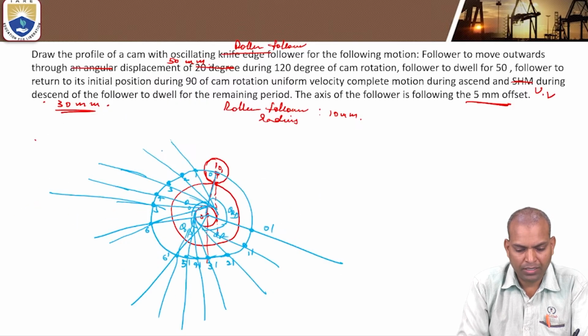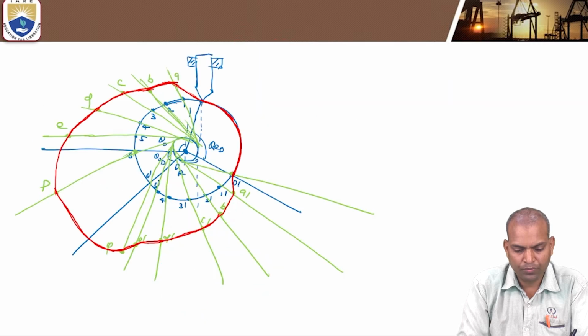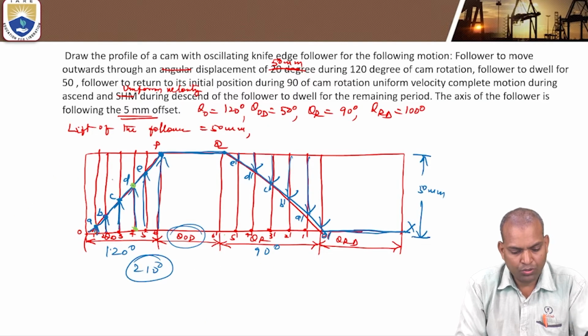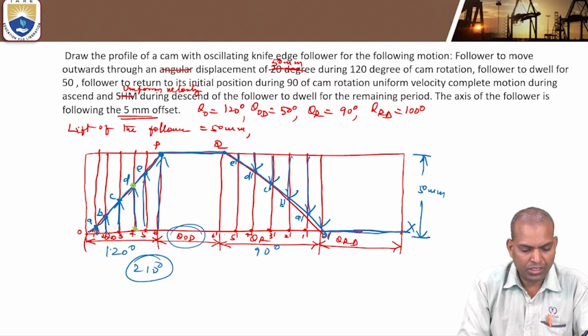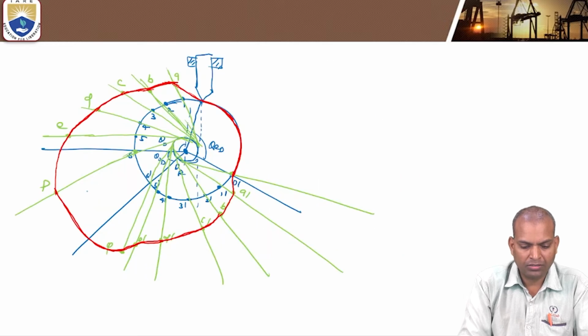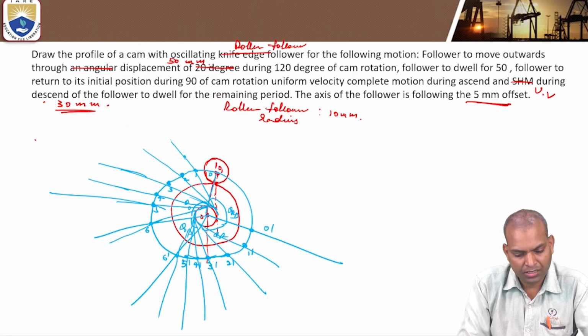So we have to take a distance from 1 to A, 2 to B, 3 to C, 4 to D and mark on these tangential lines.